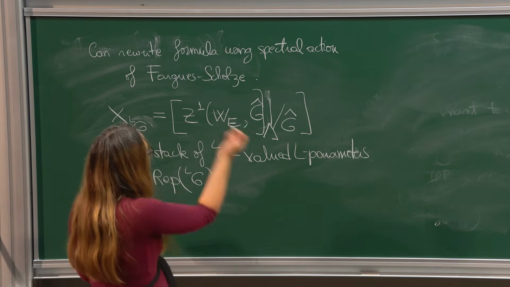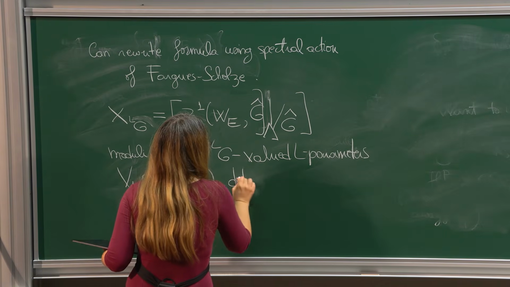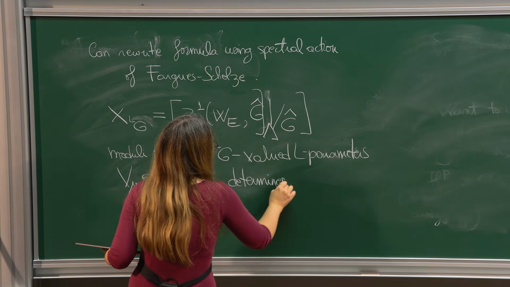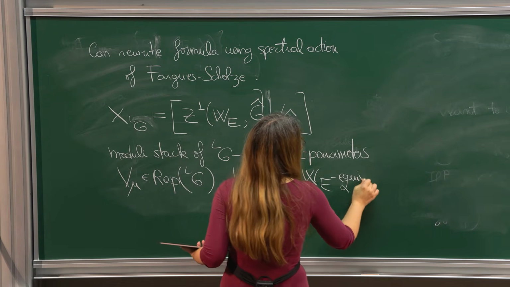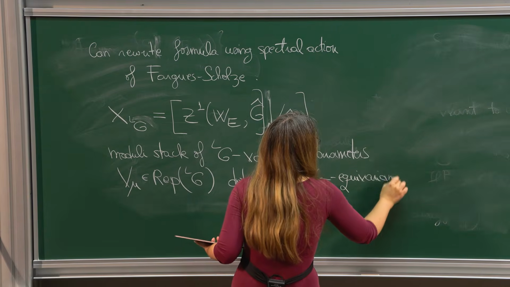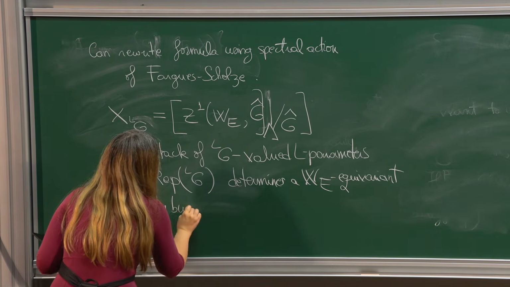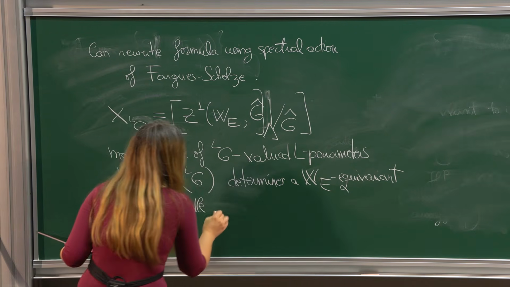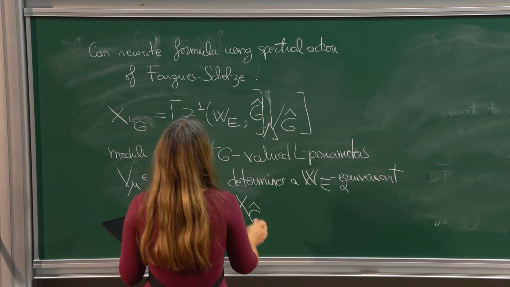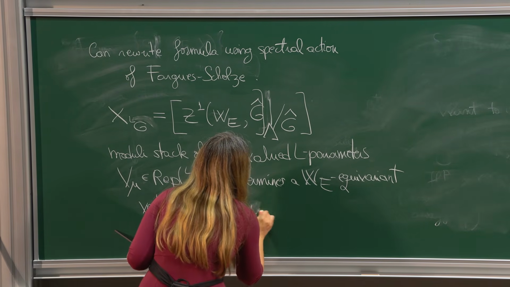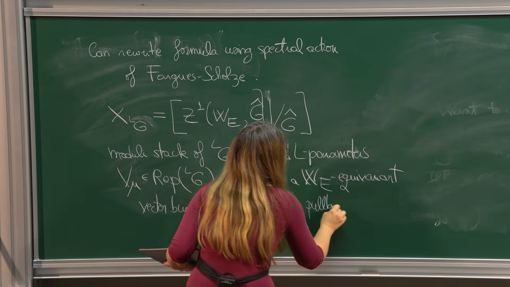And if you pull that back to this moduli stack, you get a W_E equivariant vector bundle on the moduli stack of L parameters, X_LG, sorry. Under, pull back along.